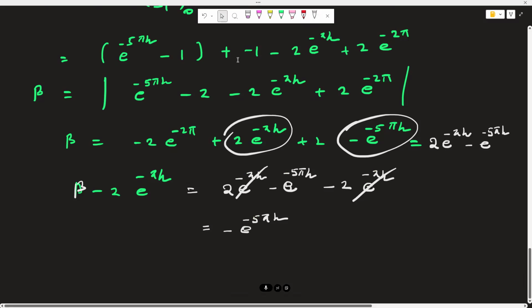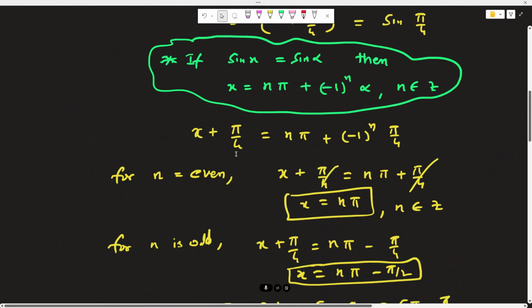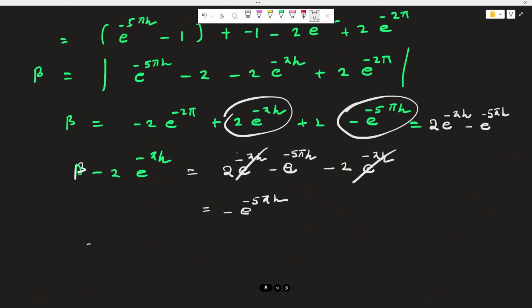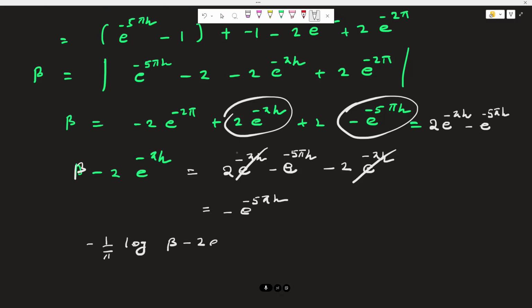Okay. And the log is applied, minus 1 by pi, log of the modulus of beta minus 2 into e power minus pi by 2.